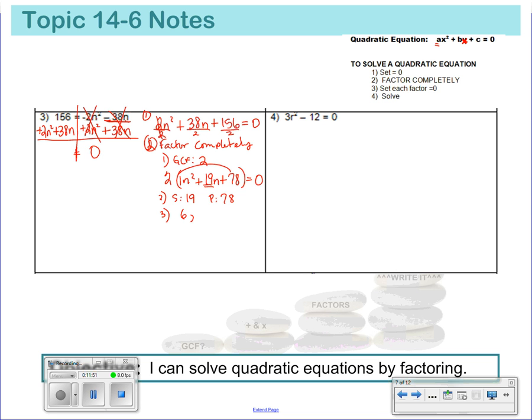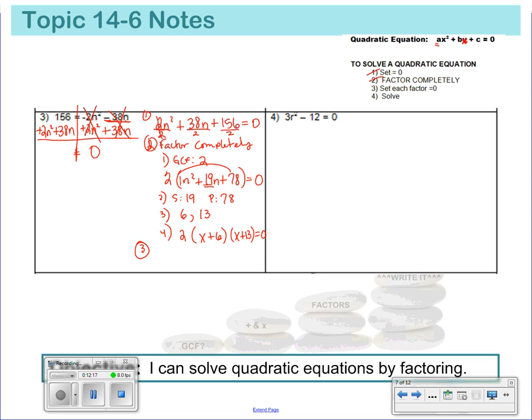Those two numbers are going to be 6 and 13. You can use your calculator to check it just to be sure. And so now I will rewrite the trinomial in factored form. The GCF comes first, then x plus 6 and x plus 13 equals 0. So we've taken care of factoring completely.